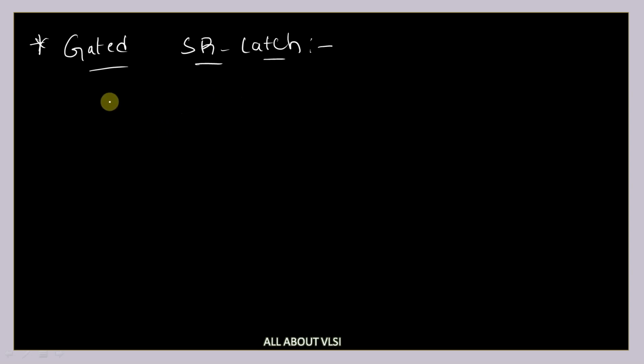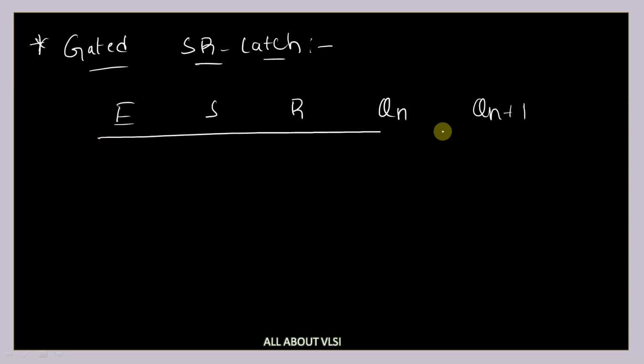So first of all, let me draw the truth table for this. Enable, S, R, Qn plus 1. Whenever your enable is equal to 0, whatever the values of S and R, whatever may be the value of your present state, it will be the same only. Qn plus 1 is nothing but Qn only.